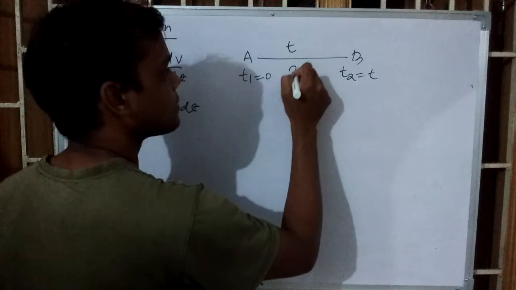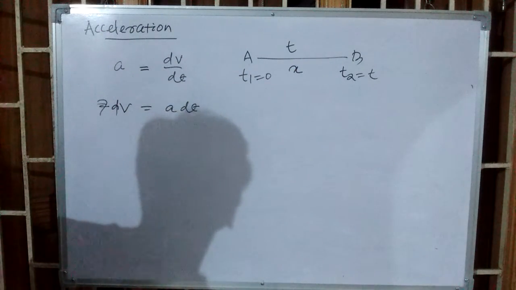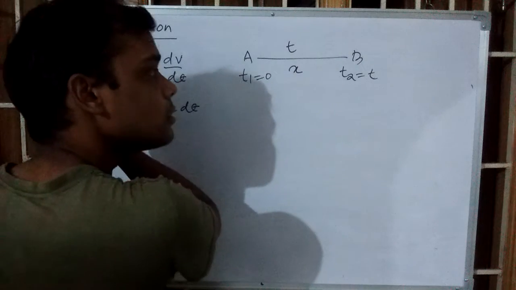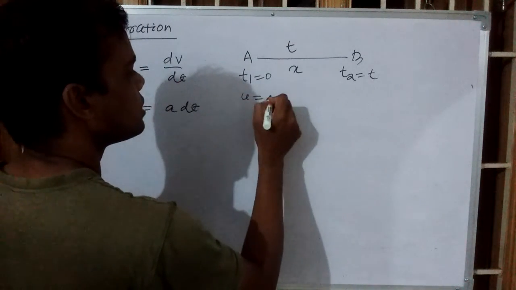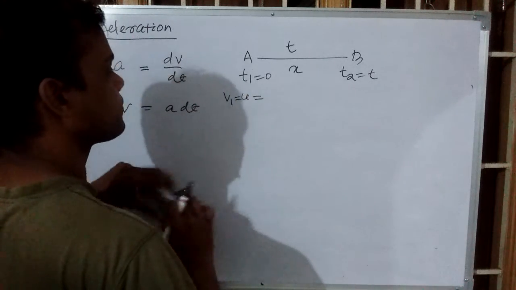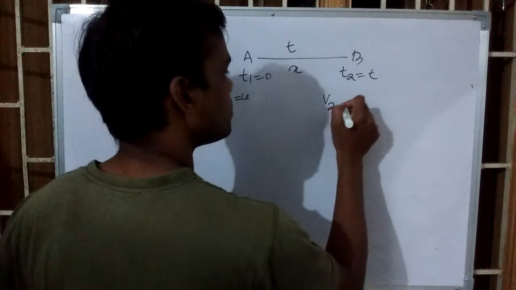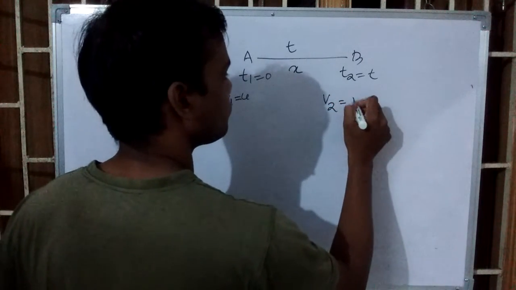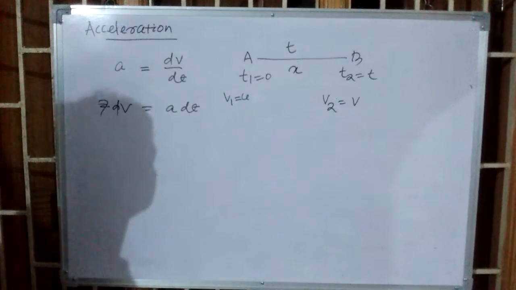It traveled a distance x, and it started from initial velocity u. Okay, that is v1 is equal to u, initial velocity, and finally its velocity is equal to v.